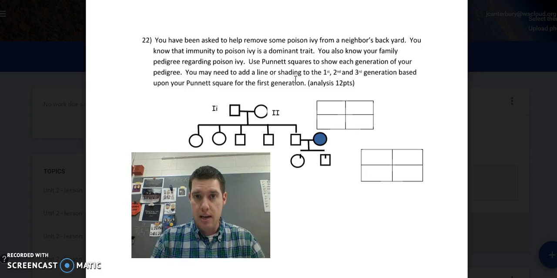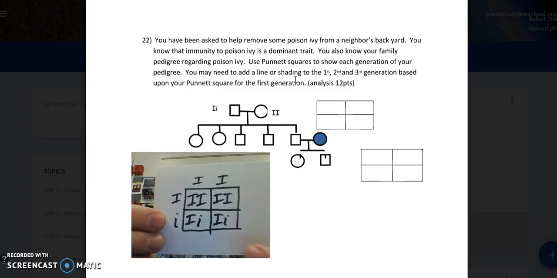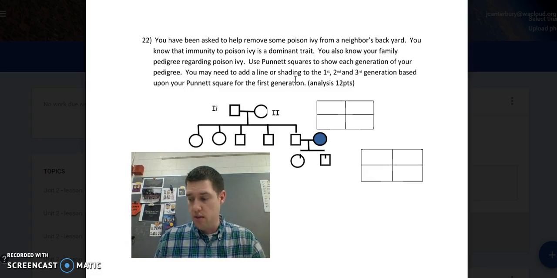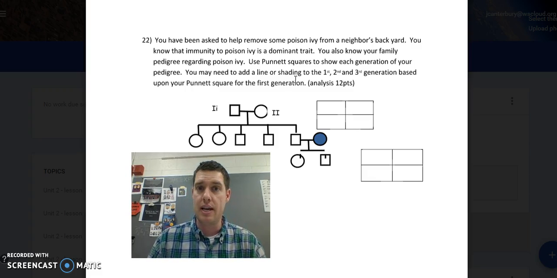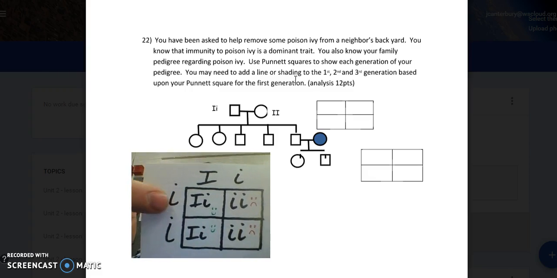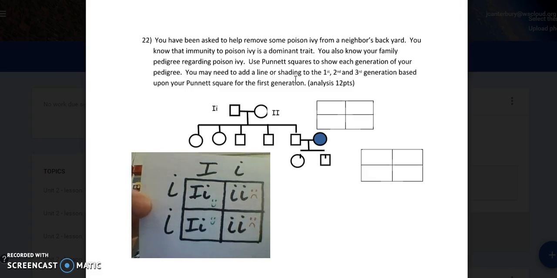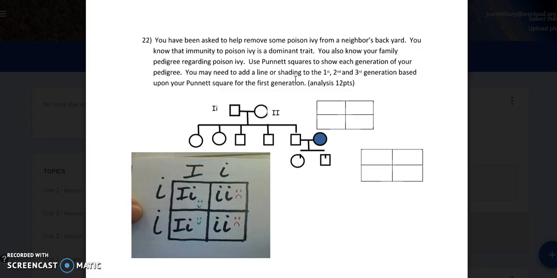But if, because of the results of this cross, you decide that the dad is heterozygous, then it looks like this. The cross between the dad and the mom, if the dad is heterozygous, comes out like this. Mom is homozygous recessive no matter what. But what if you've decided dad is heterozygous?